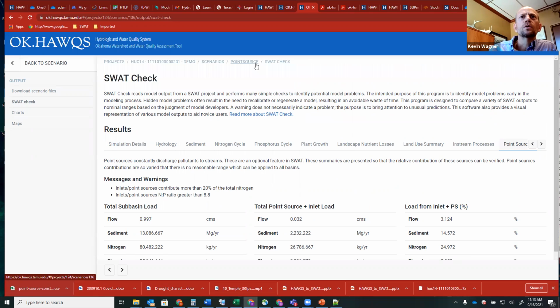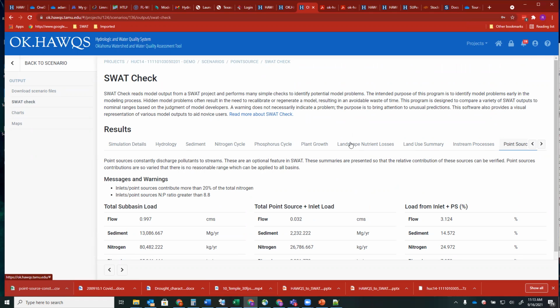Now there's a question, Srini. Does HAWQS consider a point source location in the subbasin? Not within the subbasin. It's always going to add to the head of the subbasin, the upstream portion of the subbasin. And if you have more than one point source, you have to aggregate them and drop them as one file.